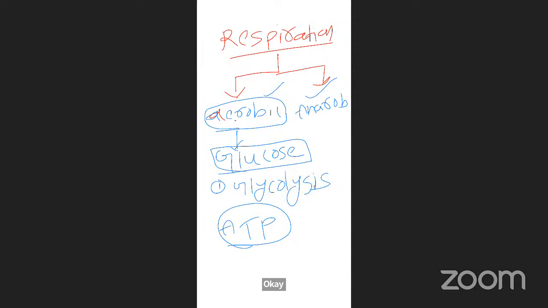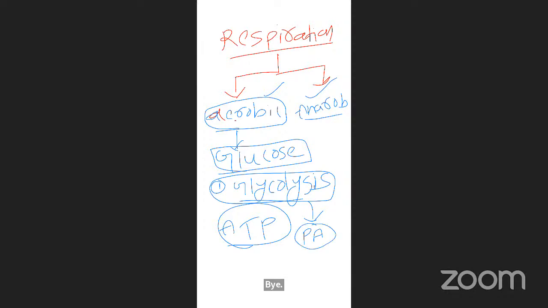Glycolysis is the first step for both aerobic and anaerobic respiration. What is the end product of glycolysis? Pyruvic acid, the end product of glycolysis.